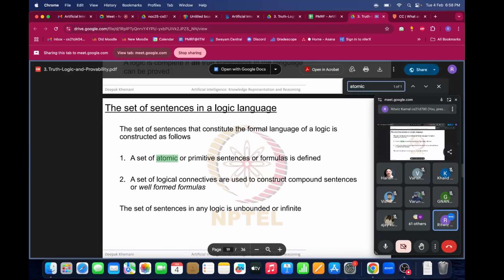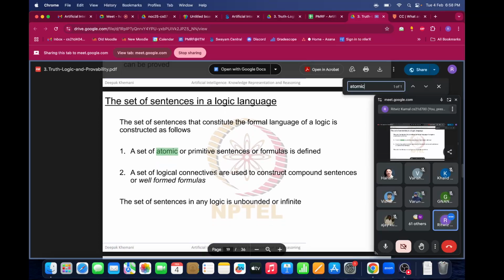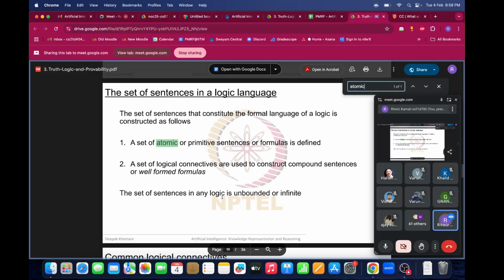Okay, the set of sentences that constitute the formal language is a set of atomic or primitive sentences or formulas. These atomic sentences can be connected using connectives, which could then form well formed formulas.